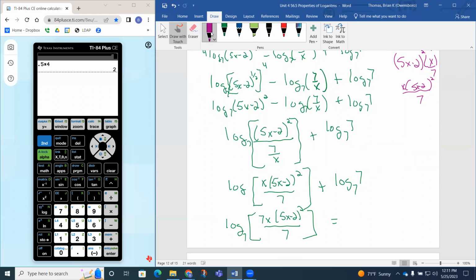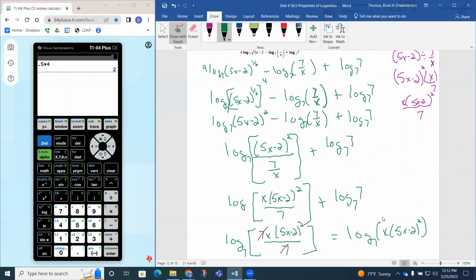But notice how the 7s will actually divide out, so there's no longer a denominator. So this just turns into the log of x times 5x minus 2 squared, like that, base 7. So that's kind of what we got going on here.